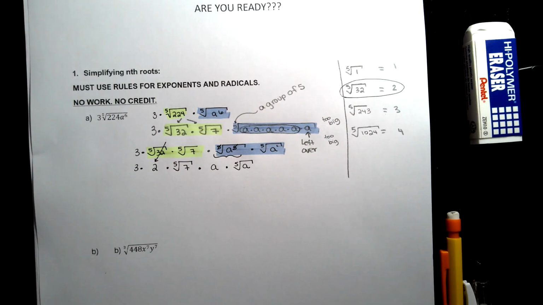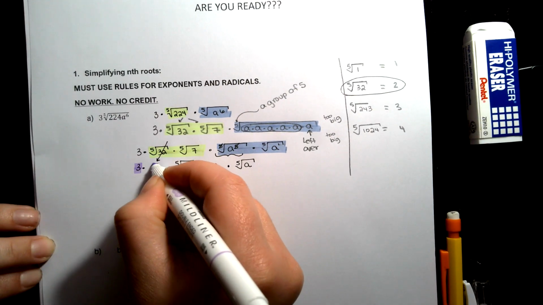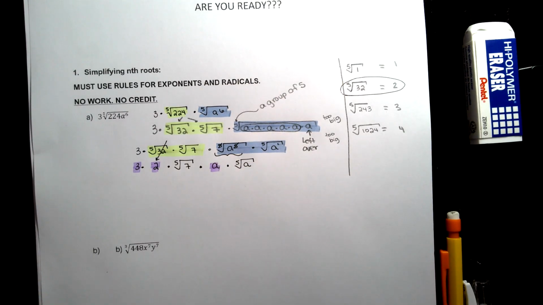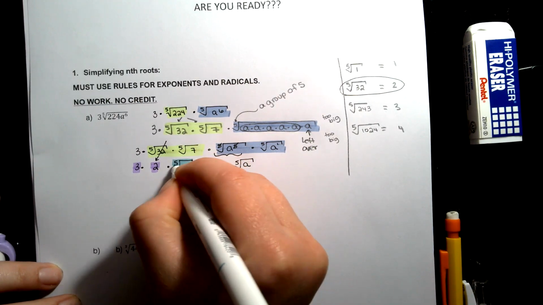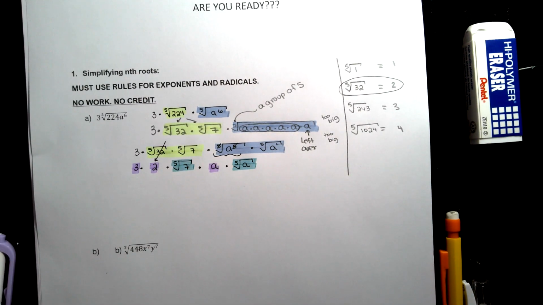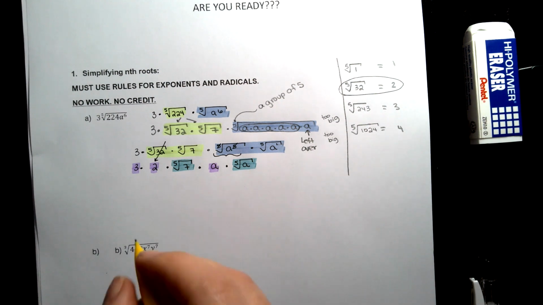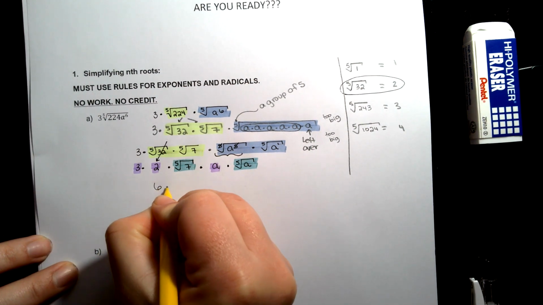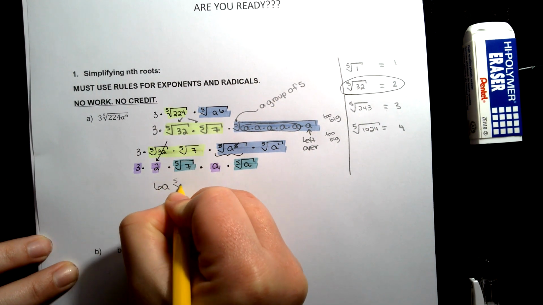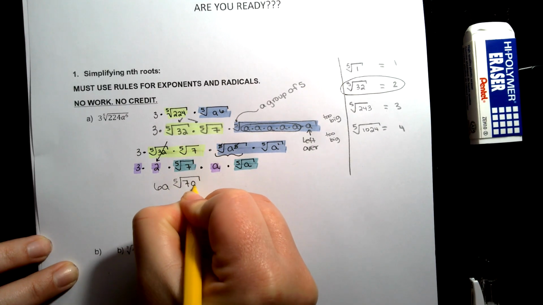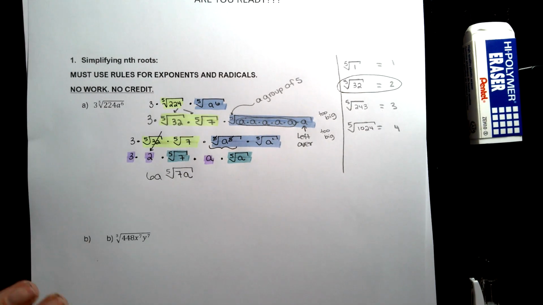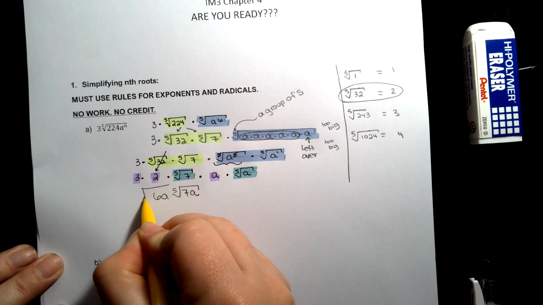Everything that is outside of your radical, we say outside of the house, like the 3, the 2, the a, those get grouped together. Everything that shares the same index, because we are multiplying, goes inside of the house, inside of your fifth root. So we have 6a, fifth root of 7a as your answer.